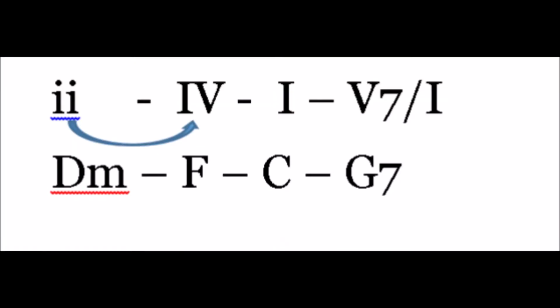So we're going to do subdominant, tonic, dominant. So that means I'm going to go 2, 4, 1, 5. Okay? So I'm going to go D minor, F, C, and then G7. So I'm going to go D minor, F major, C major, G7.